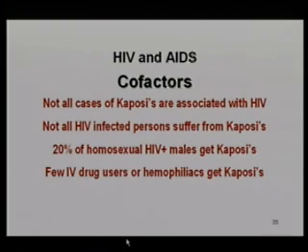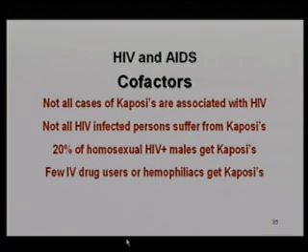One of the early manifestations of the AIDS epidemic was the increase in the incidence of a particularly virulent form of Kaposi's sarcoma. Now, not all cases of Kaposi's sarcoma, as I've already told you, are associated with an HIV infection.